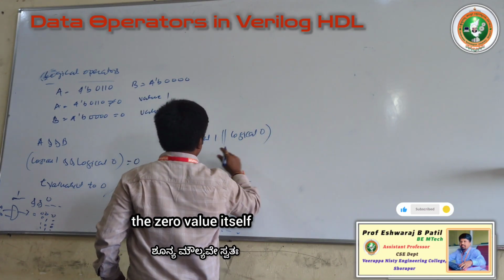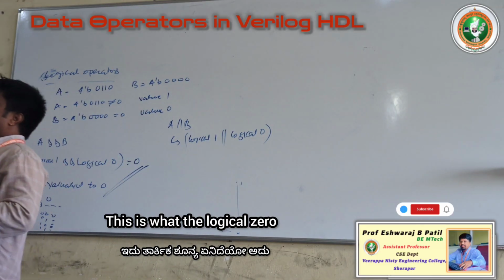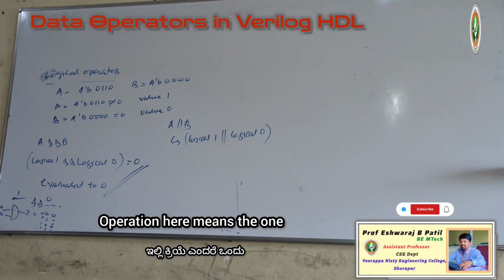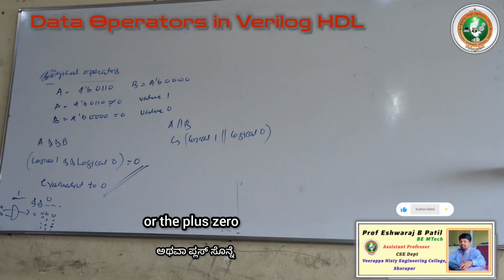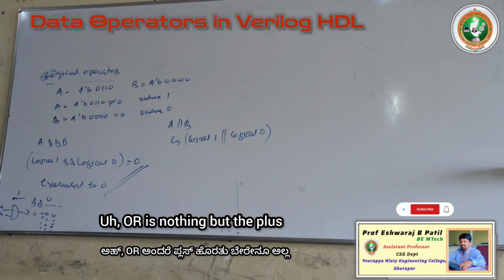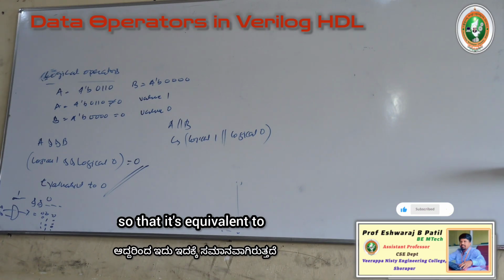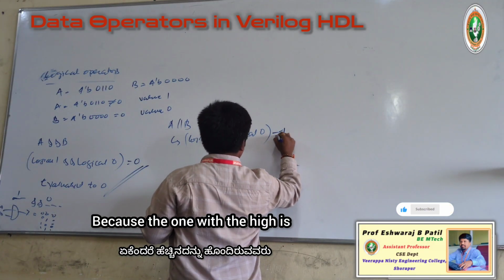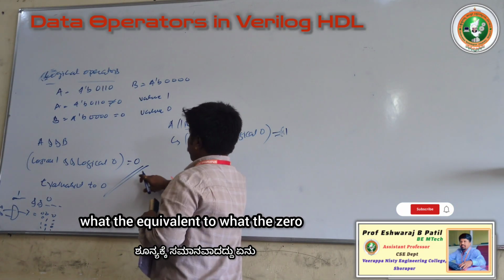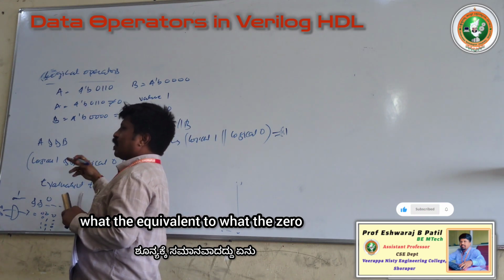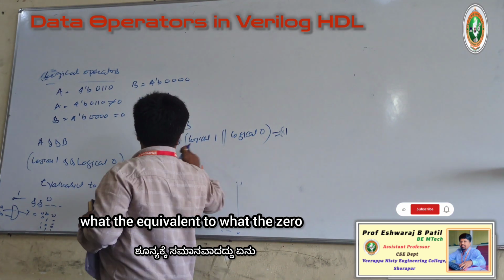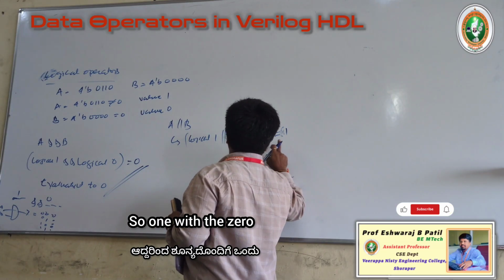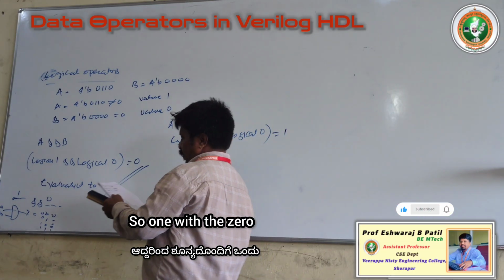What is the value of this? 1 OR 0 is the logical OR operation. OR is nothing but plus. 1 plus 0, so it is equivalent to 1. Why? Because this is not a multiplication. This is the OR operation, logical OR, 1 with 0 gives the value 1 itself.